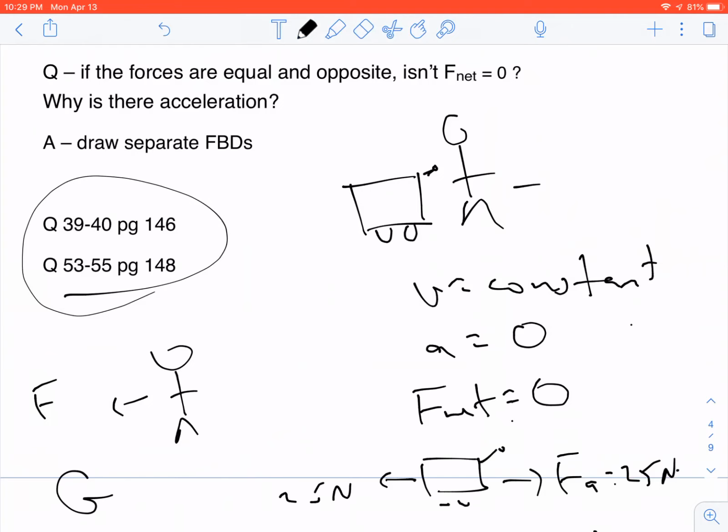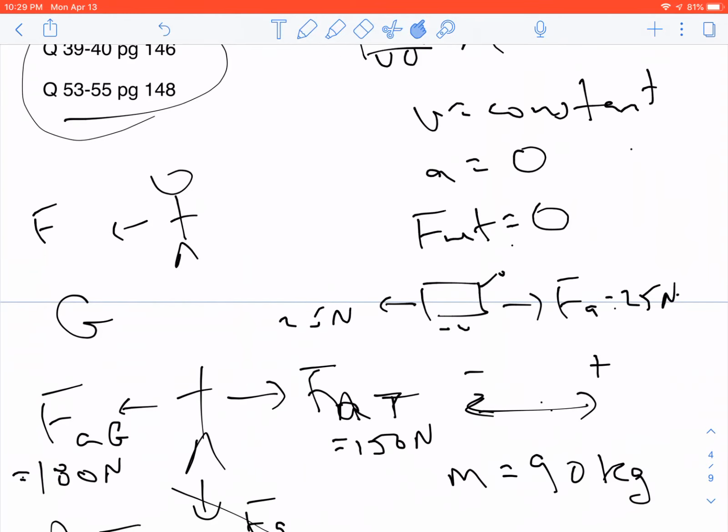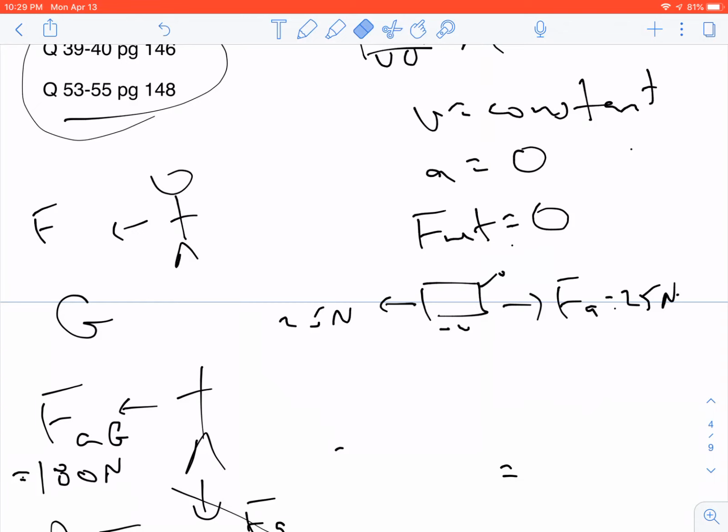Okay, what is that 25 newtons? Well, we say, well, it's gravity. No, but gravity works this way, not that way.